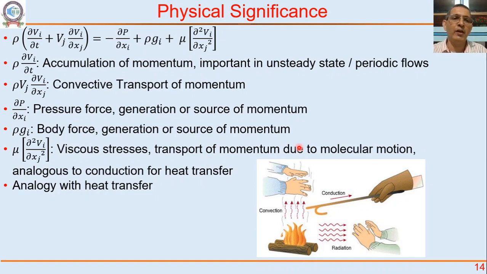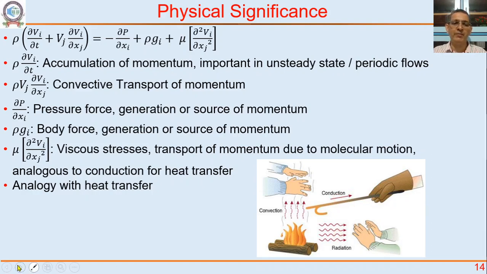Just to give you an analogy with heat transfer, imagine that there is a fire here. Hot air comes out of that and we feel warm because of that hot air. So we say it is convective heat transfer from that source to us. If I put a rod here, the rod will conduct heat. It is conduction and radiation.